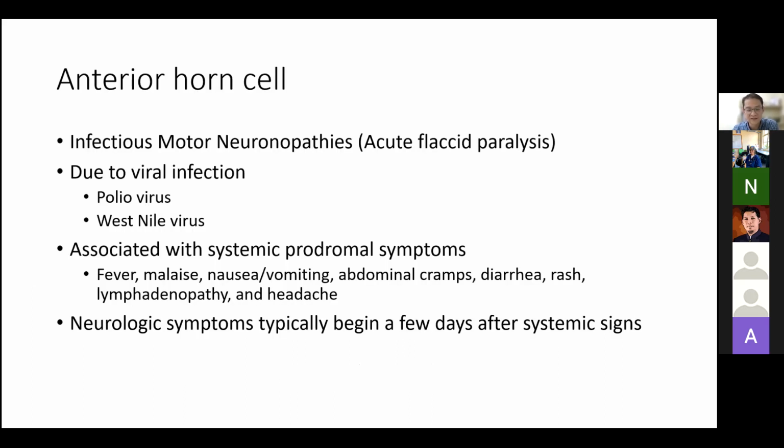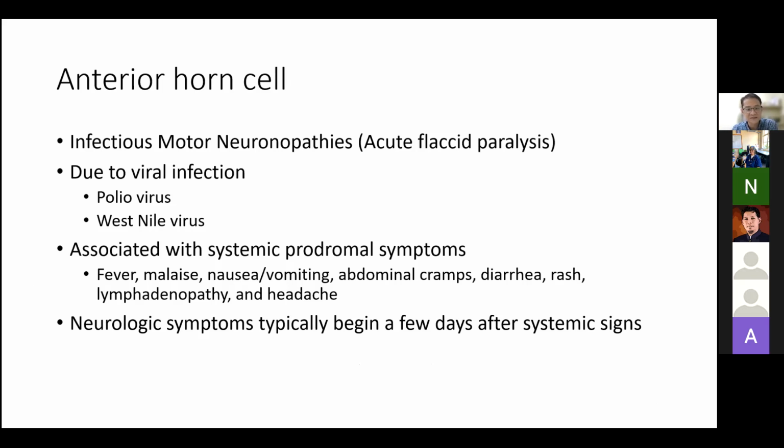Anterior horn cell disease can also present with an infective cause, for example, polio or West Nile virus. But we hardly see polio nowadays because of the very successful vaccination program against the polio virus. And West Nile is not common in Malaysia. It's probably more of a North American condition.